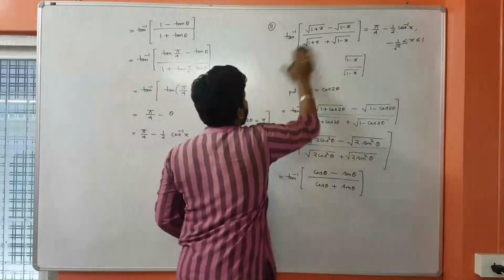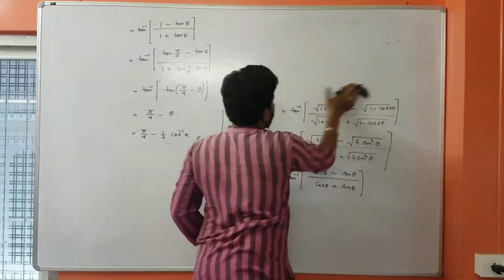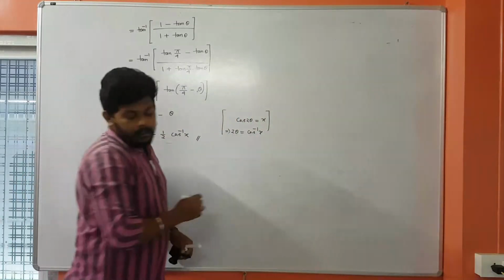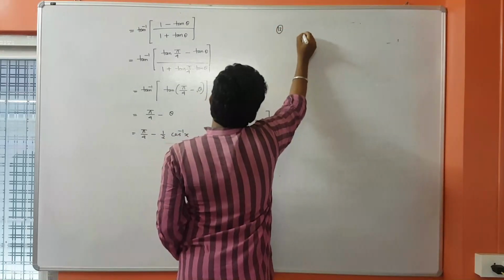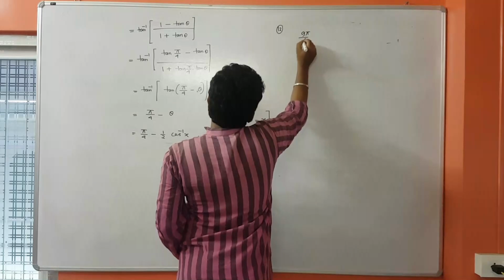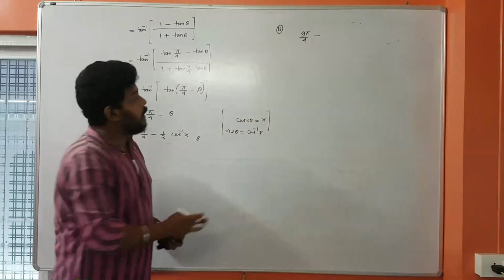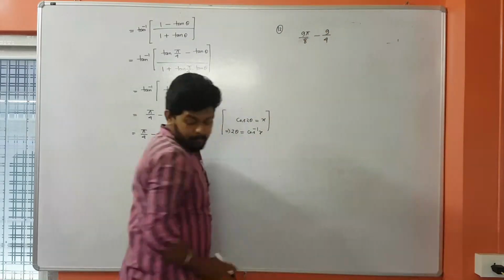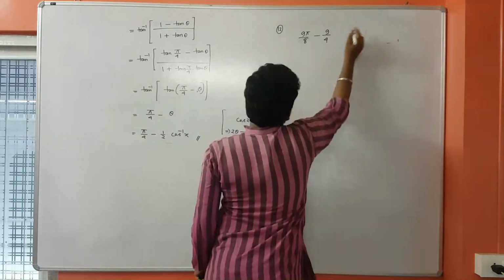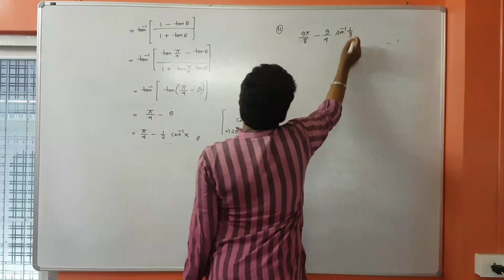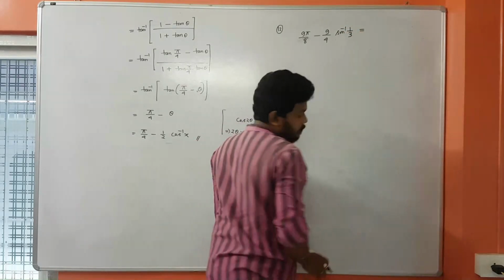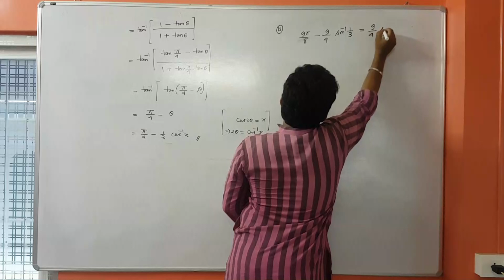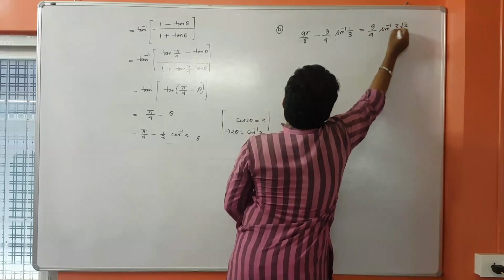Now question number 12. Prove that 9 pi by 8 minus 9 by 4 sin inverse of 1 by 3 equals 9 by 4 sin inverse of 2 root 2 by 3.